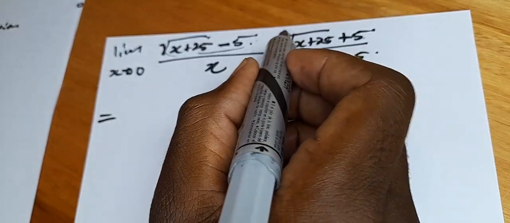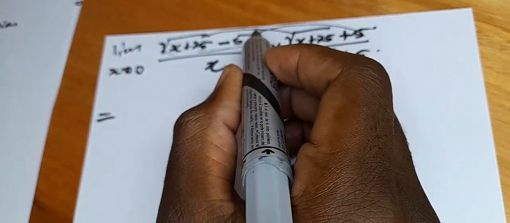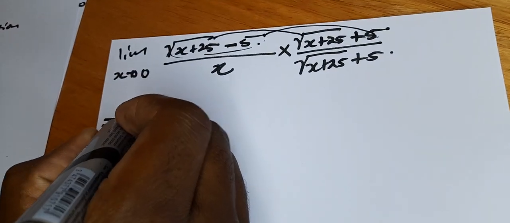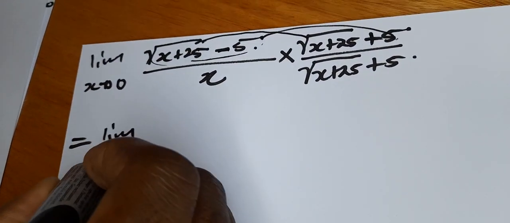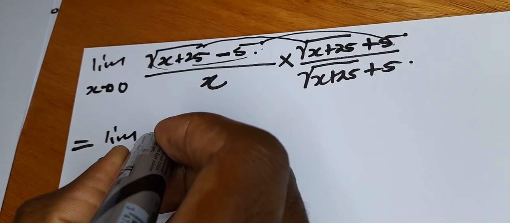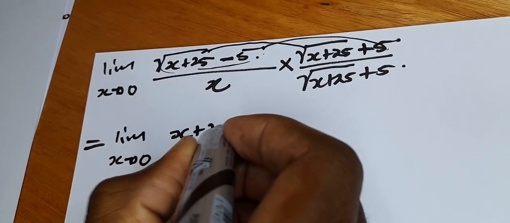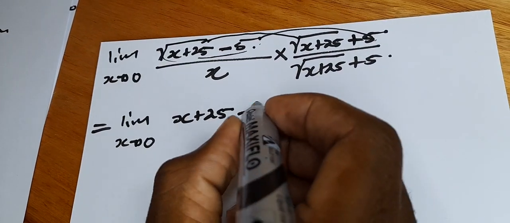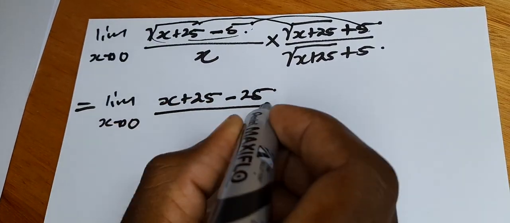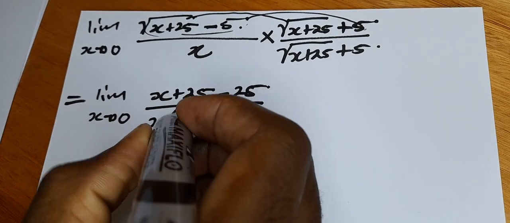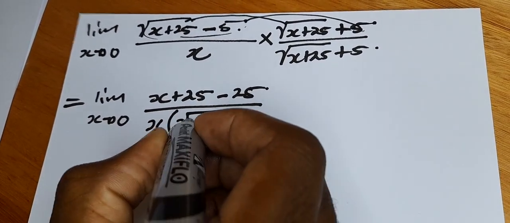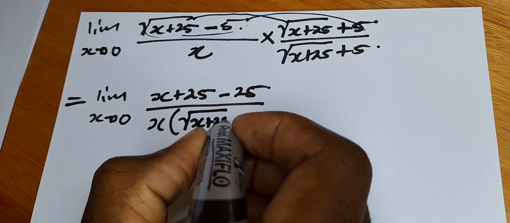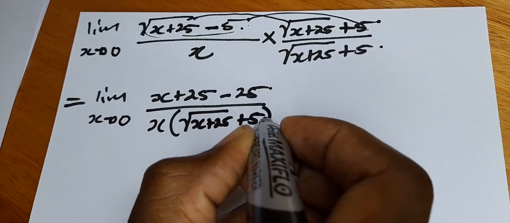So we are going to multiply this one and that one only. That means we have the limit when x approaches 0 of x plus 25, and then this multiplied by that is minus 25, all over x, and then open bracket, the square root of x plus 25, and then plus 5.